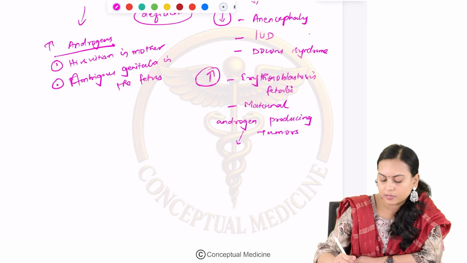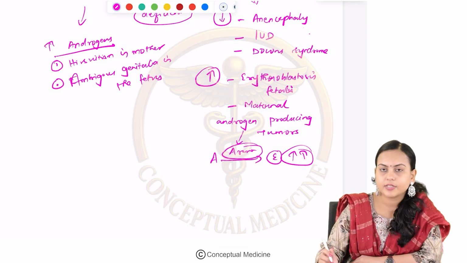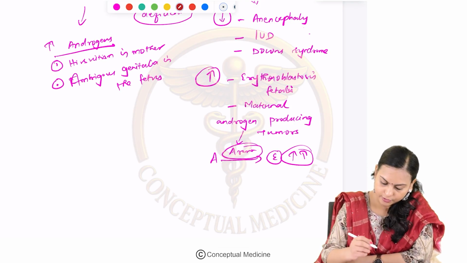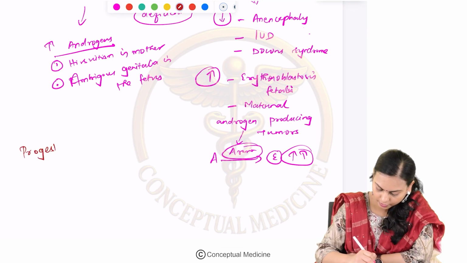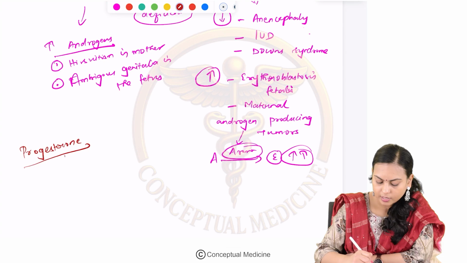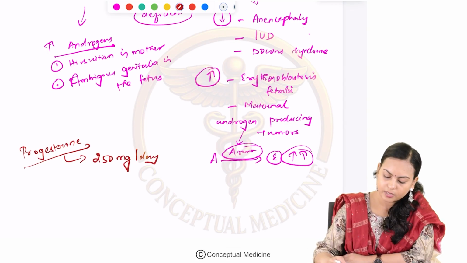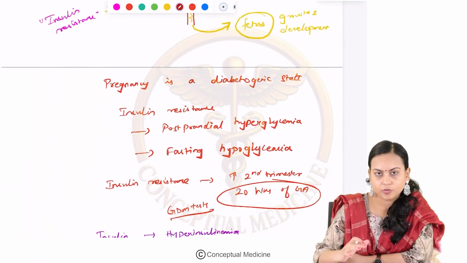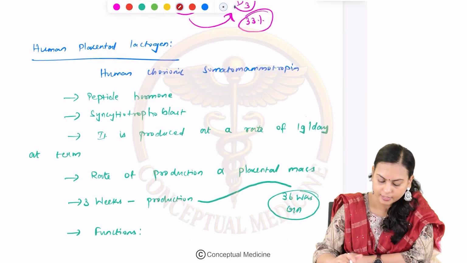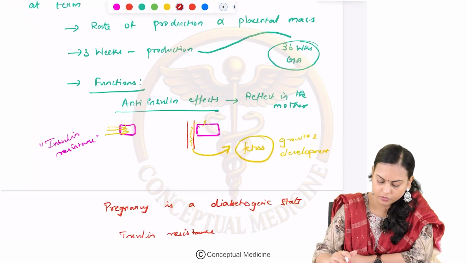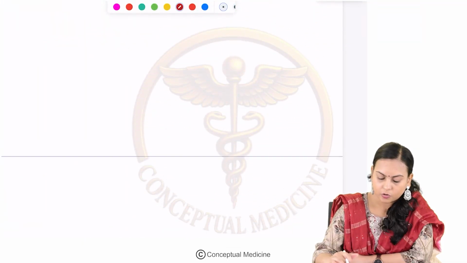Okay, so what happens here? Androgen is going to convert into estrogen by the aromatase enzyme, and hence the estrogen levels are going to increase. And about progesterone, one point I want to add here is that the rate of progesterone production at term will be around 250 milligram per day. Otherwise, estrogen and progesterone have been dealt with in detail in the previous chapter. So, we will go to the other hormones now.